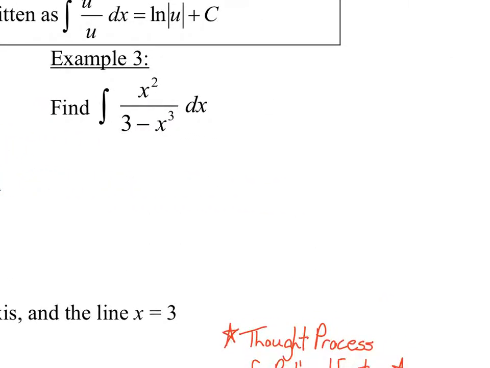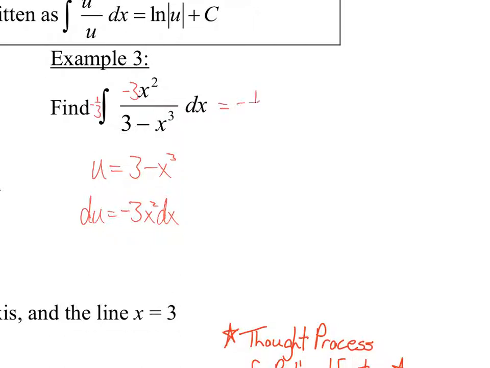All right, here's another one. How would we approach this one? Yeah, let's make the u a 3 minus x cubed. What's our du? Negative 3x squared dx. So I need a negative 3 there. So I'm going to have a negative 1/3 outside. And here we go.